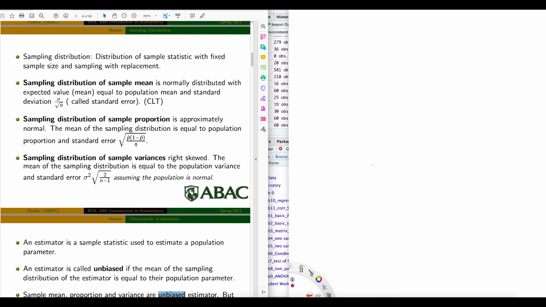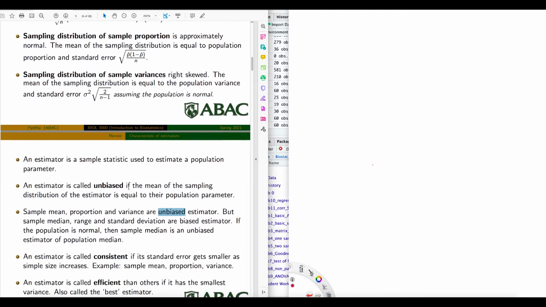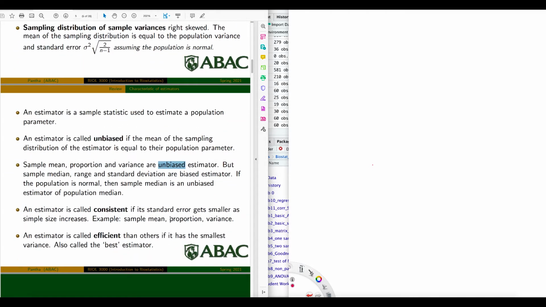Similarly, n is in the denominator here too. If we keep increasing n, this will keep decreasing here too. That means if the standard error gets smaller as sample size increases, that estimator is called a consistent estimator. For example, sample mean, proportion, and sample variance are all consistent estimators.